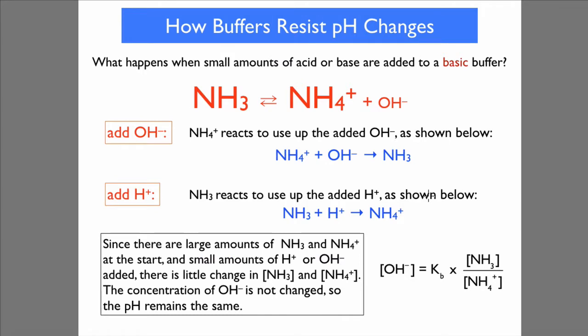And since there are large amounts of ammonia and the ammonium ion at the start and small amounts of the hydrogen ion or hydroxide ion added, there's little change to the concentration of ammonia and the ammonium ion. So the concentration of hydroxide is not changed, and so the pH once again remains the same.